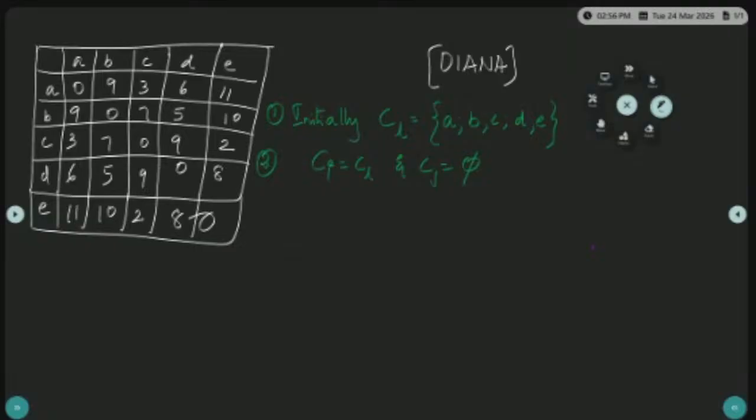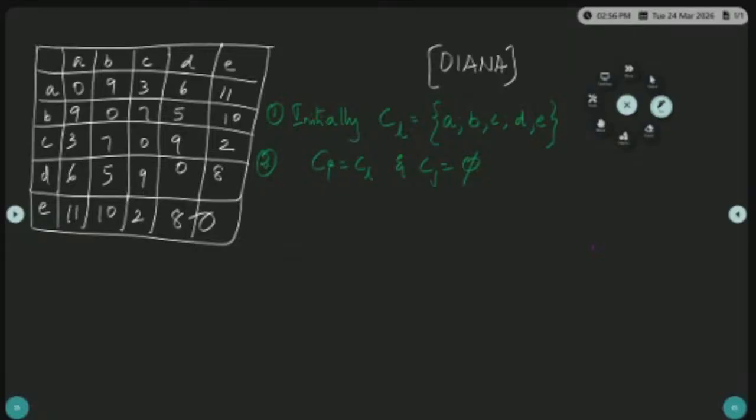Let the two clusters be Ci and Cj. We assume Ci is the complete original data set and Cj is the empty cluster.